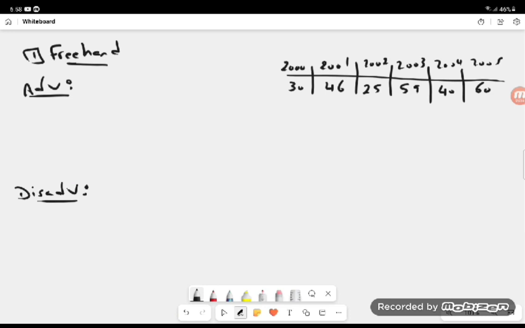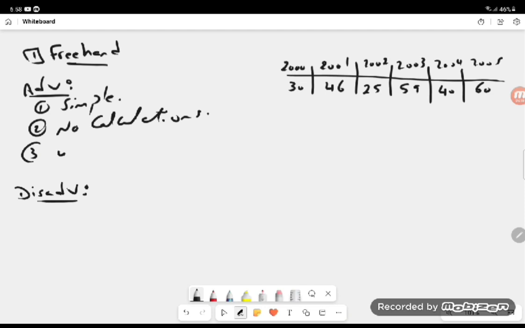Number one, it's a simple method. Requires no calculations. Can be used even if trend is not linear. What about the disadvantages?